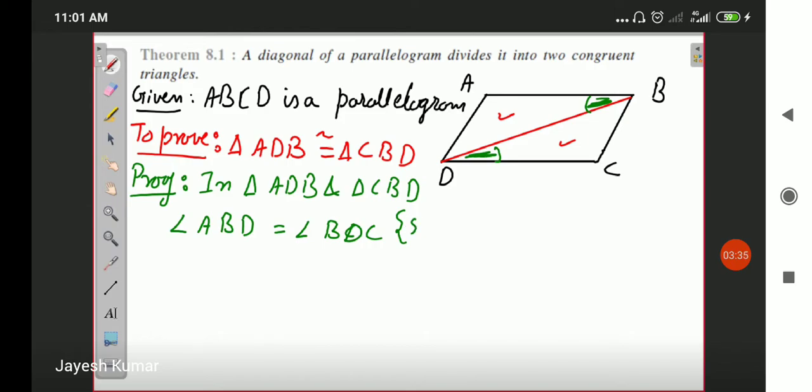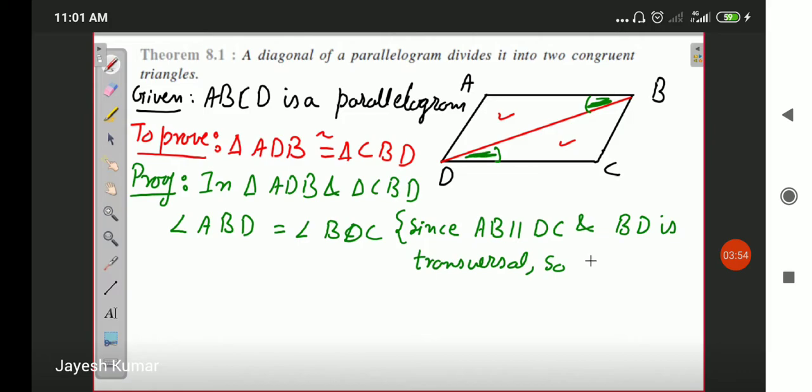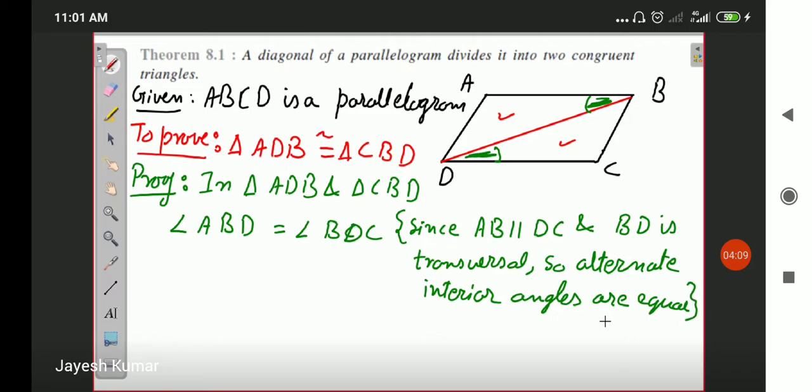It is because line AB is parallel to DC and BD is a transversal, so alternate interior angles are equal. In this manner, these two angles are equal.